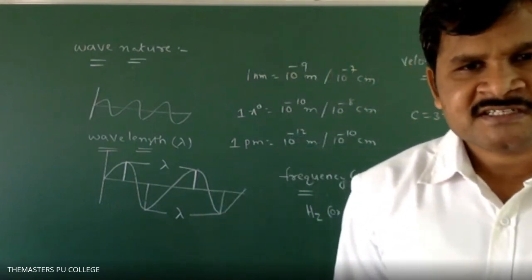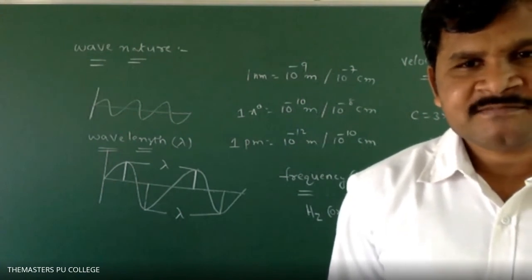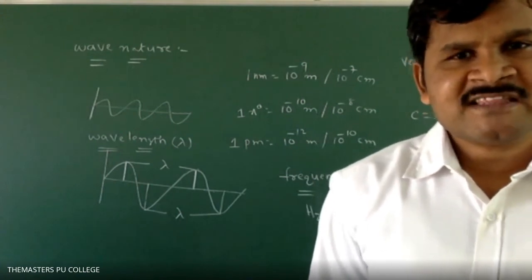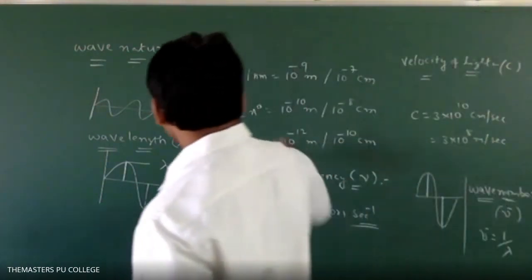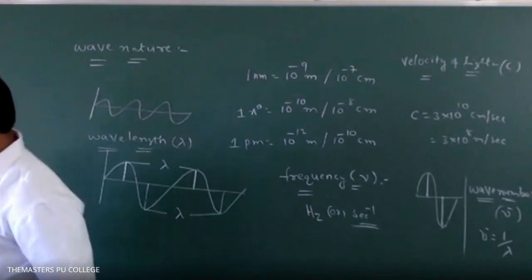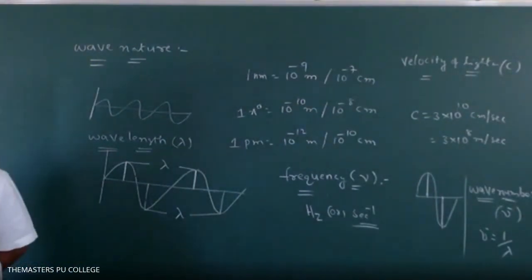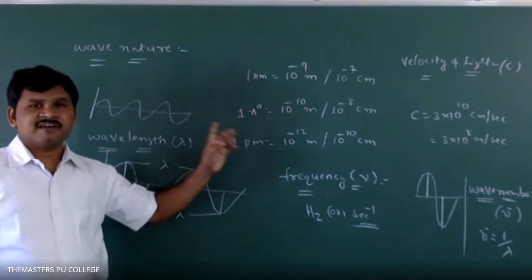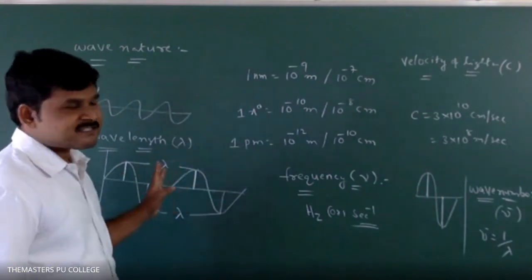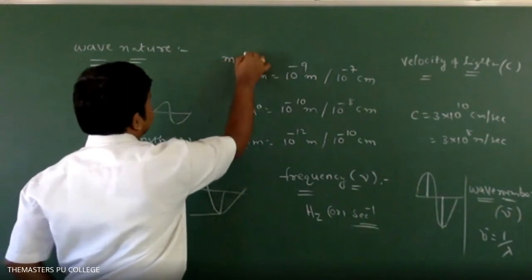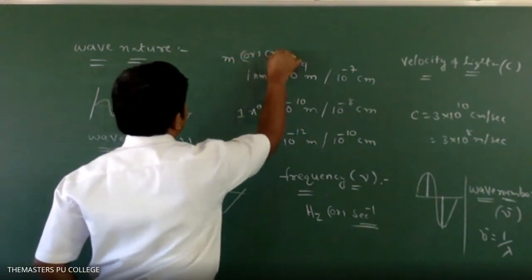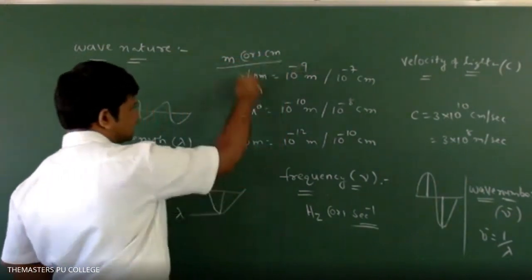So as per your convenience, it is called wavelength. Please write down these conversions. Wavelength units are meters or centimeters or these, any one of these.